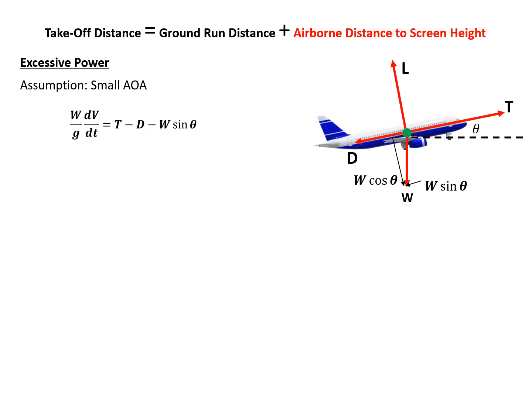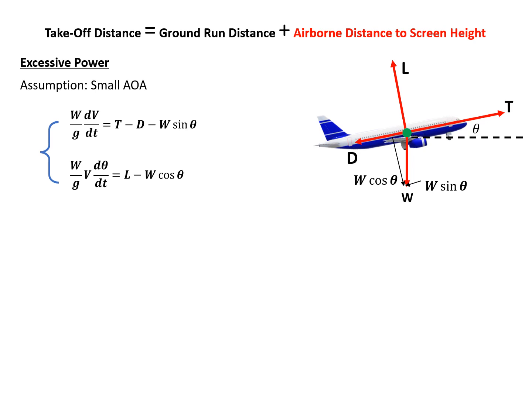So that's the equation along the flight path. We have thrust, drag, and also a component contribution from the weight of the aircraft. The right hand side are the forces and the left hand side of the equation is the acceleration.